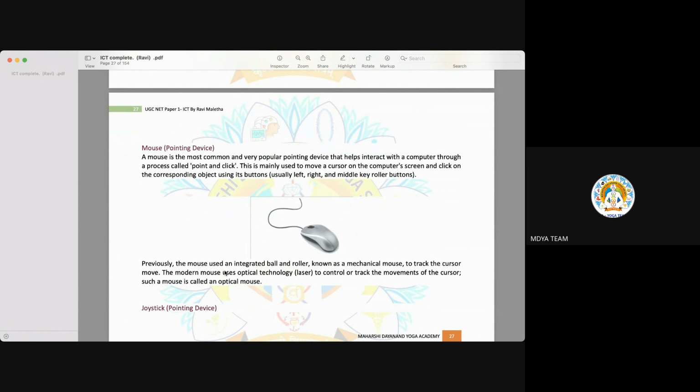It's a simple device which comes under your palm, and you can move this and click a small button in the mouse to move the cursor, and click on the corresponding object or corresponding term, left, right, middle, whatever, in how many ways you want to roll around, you can do that and track the cursor movement, and accordingly you can have the output on your screen or in your printer or whatever form you want.